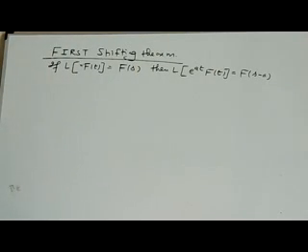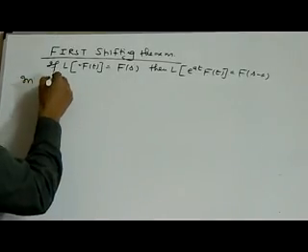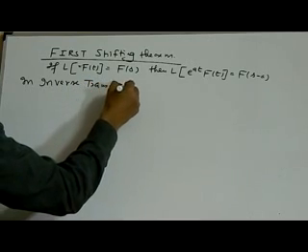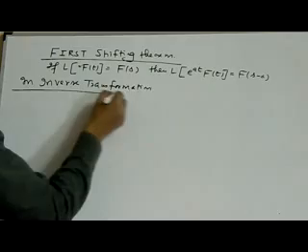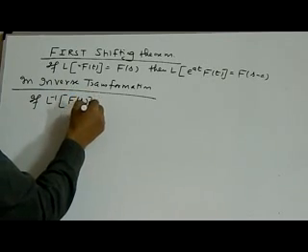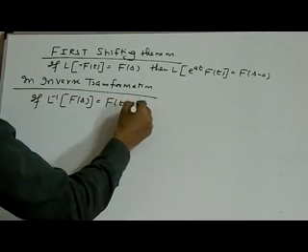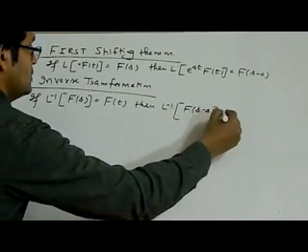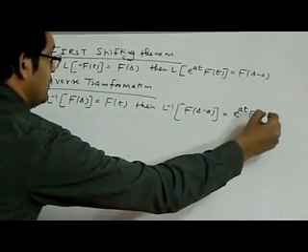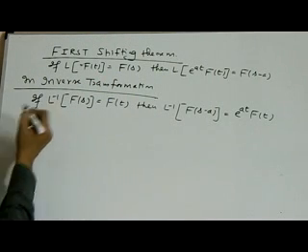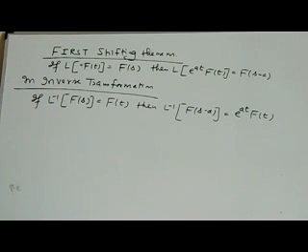Now, in inverse transformation, we will write this as: if L inverse of F(s) is f(t), then L inverse of F(s minus a) is simply e to the power at into f(t). It's a very interesting thing that if the inverse transformation of the function is known to us, then if we have to find the inverse transformation of a function of s minus a, it is of that format.